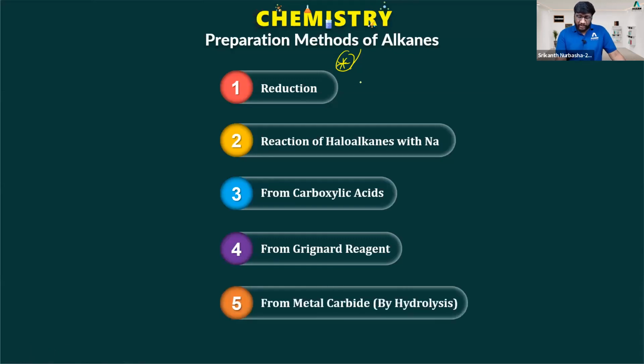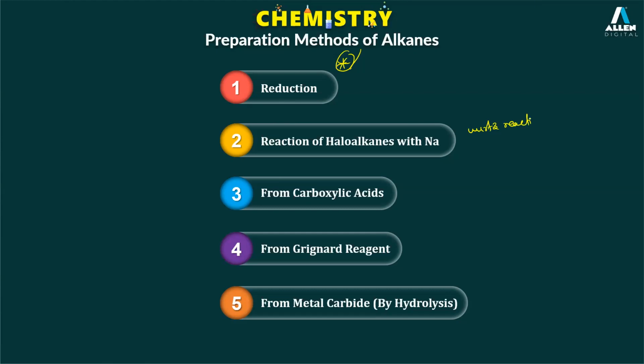In the reduction, what reactions will come to your mind, students? Hydrogenation. Wurtz reaction is the second one, right? Reaction of haloalkanes with Na is Wurtz reaction. What is the mechanism of Wurtz reaction? Free radical mechanism.